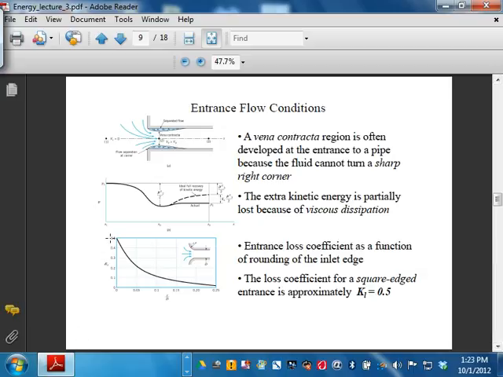There's a plot here of KL as a function of R over D. If you make it more smooth, more rounded, the bigger R, bigger curvature, the KL can go down. It starts at about 0.5. So the numbers you can get from the textbook. Any questions? So that's tank entering into pipe.